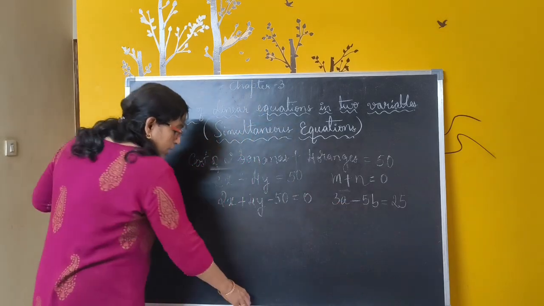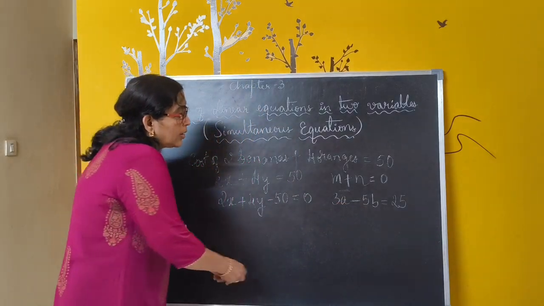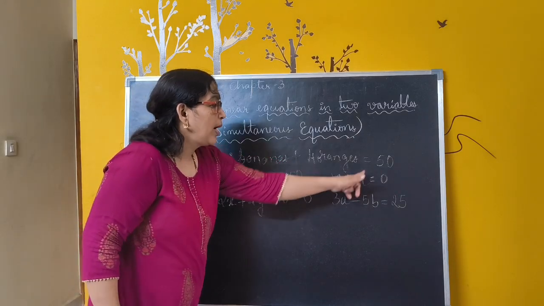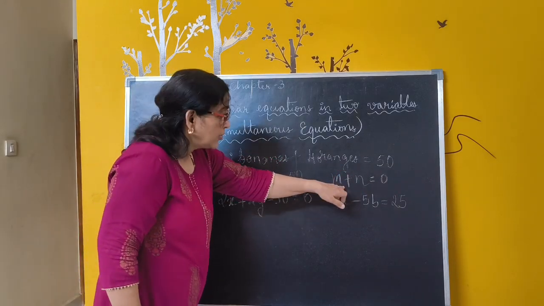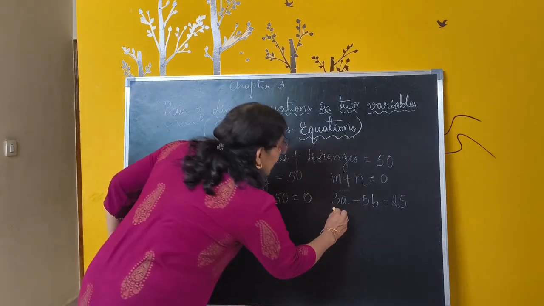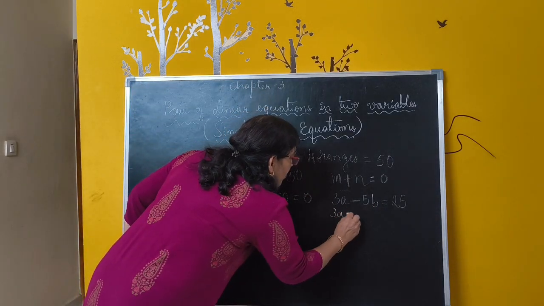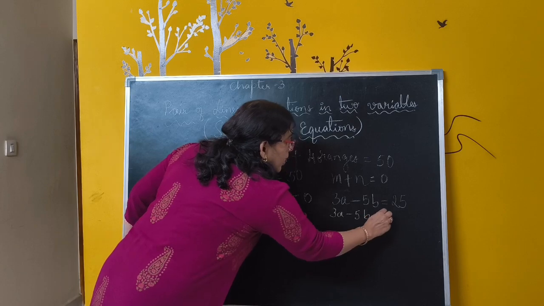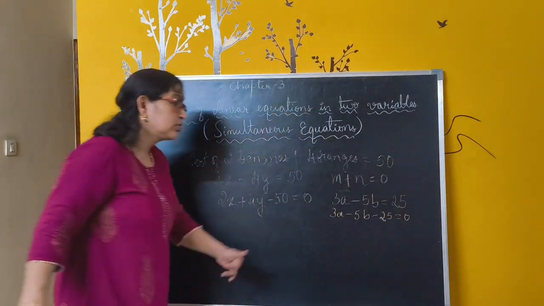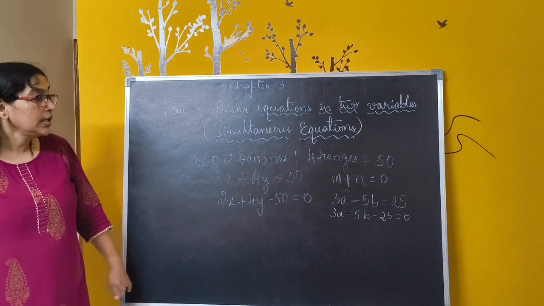These are the variables. So I can write these also in standard form. How can I write? m plus n minus 0, that is nothing here. So m plus n is equal to 0. Or here I can write 3a minus 5b minus 25 is equal to 0. This is standard form of writing the equation.